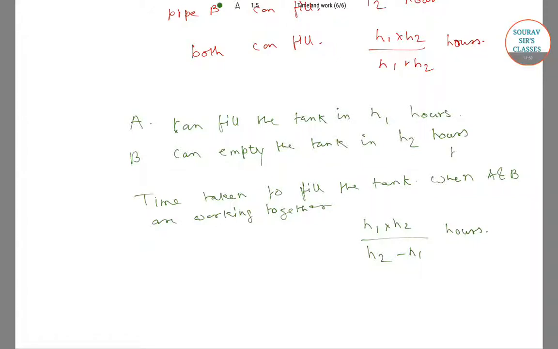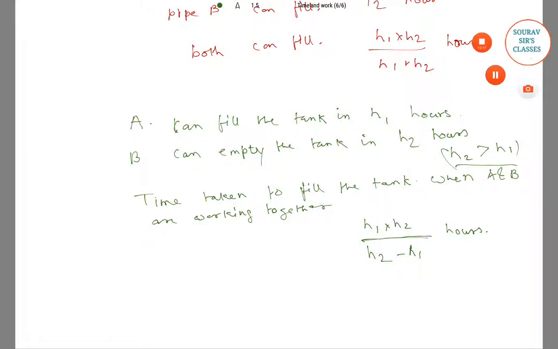Here H2 is greater than H1. H1 cannot be greater than H2 because if it is the case, then the tank will never be filled if both the pipes are working together.